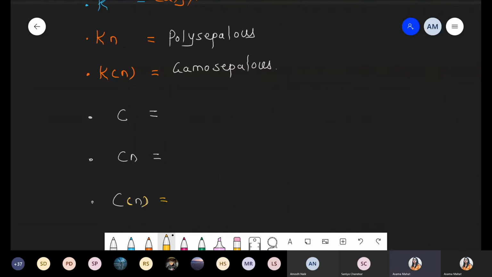C stands for corolla. Very good. C stands for the corolla. If corolla is free, it means polypetalous. These are the petals, so this condition represents polypetalous. And if these are joined, gamopetalous.